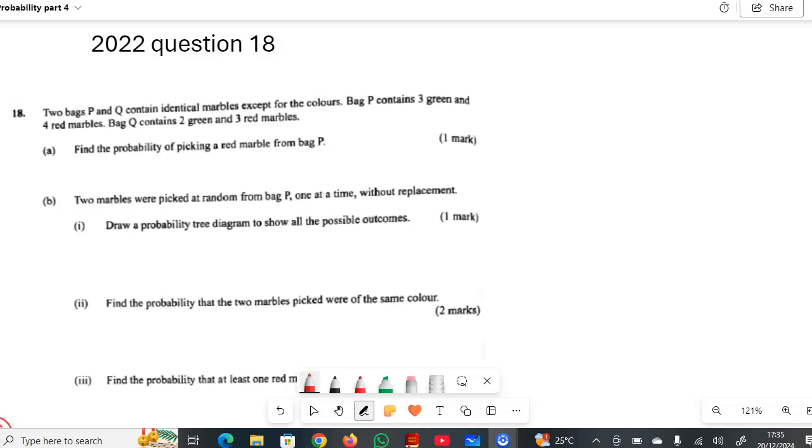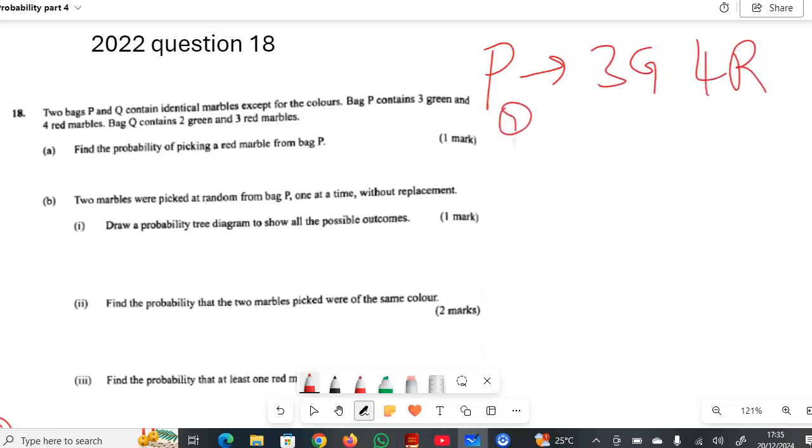So, we have two bags here, P and Q, and we're told that P has 3 green and 4 red. Then Q has 2 green and 3 red. So those are the 2 bags that we have.